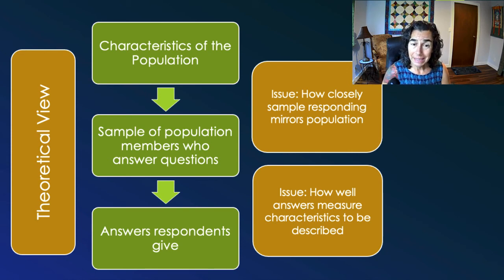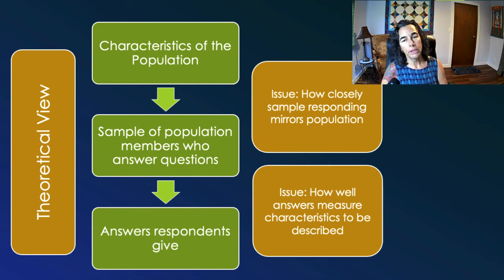Then we take a sample of the population to answer questions, and then we look at the answers respondents give. So it's sort of a step-down approach, what we want and how we get there. There are two issues. One is how closely the sample responding to the questionnaire actually mirrors the population, and then how well the answers measure characteristics to be described.